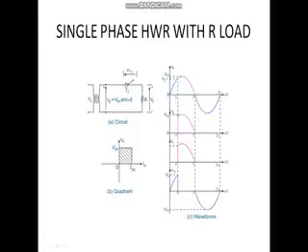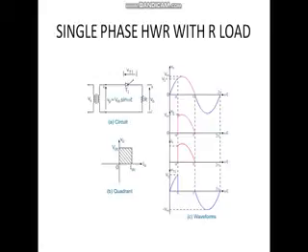Once again I repeat, it is the angle between zero crossing of input voltage and the instant the thyristor is fired. The voltage is zero crossing at the beginning, that is at point 0, so we don't apply a gate pulse to the thyristor. At a firing angle alpha only we apply the gate pulse.